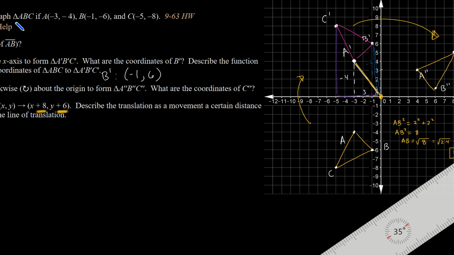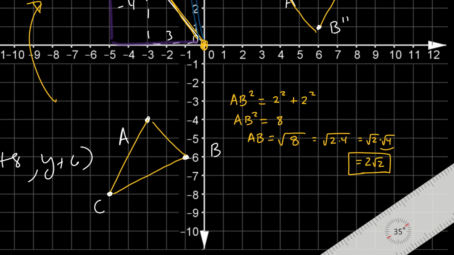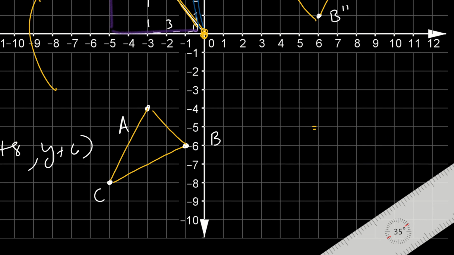So x's are going to go, let me write this down, x plus 8, and the y's are going to increase by 6. So if I'm looking at this, let's do A first. I'm going to erase all this so I have room for it. So if I look at point A, it's here, and I'm going to increase the x value by 8. So it's going to go 1, 2, 3, 4, 5, 6, 7, 8.